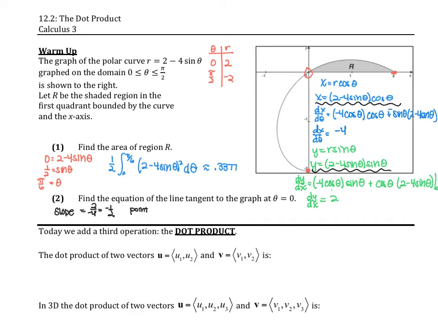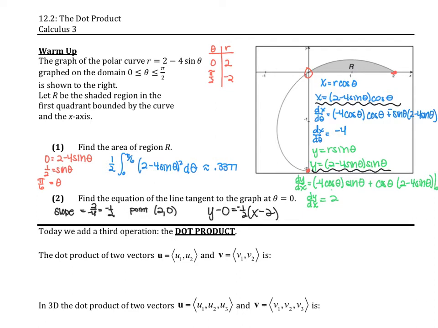For x, we get 2 times 1, so I get 2 for the x value. For y, I get 2 times 0, so that's 0. So my point is (2, 0) and my slope is negative 1/2. So we do all that work to get the equation of the line: y equals negative 1/2 times (x minus 2).